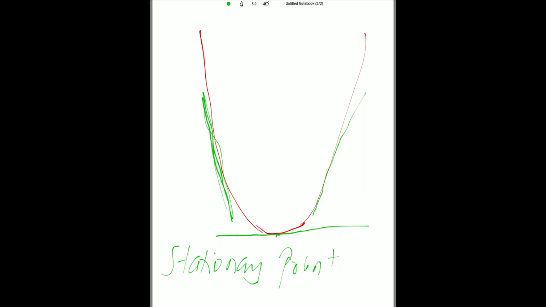So, what we have covered so far is the fact that a function is decreasing for values of x for which the derivative is less than 0. It is decreasing when dy by dx is less than 0. If dy by dx is equal to 0, then it is a stationary point. If dy by dx is greater than 0, then for those values of x, it is an increasing function. We'll look at an example soon to make this more concrete.